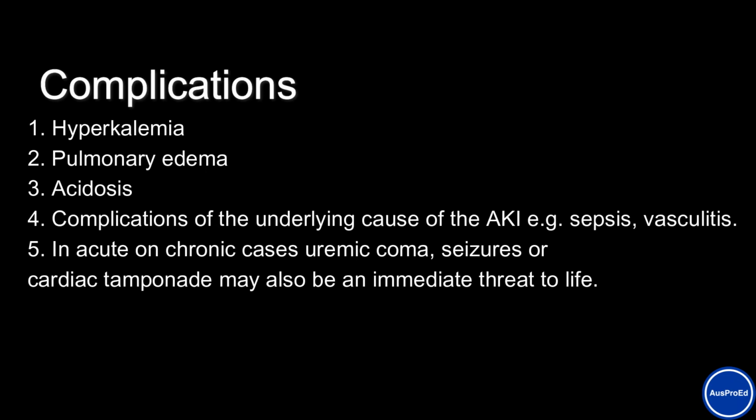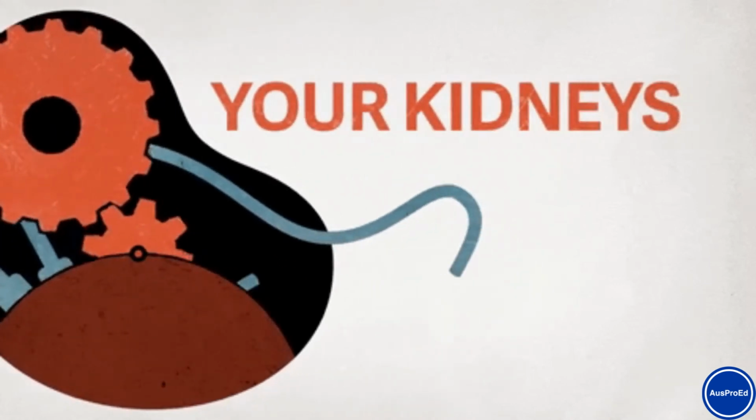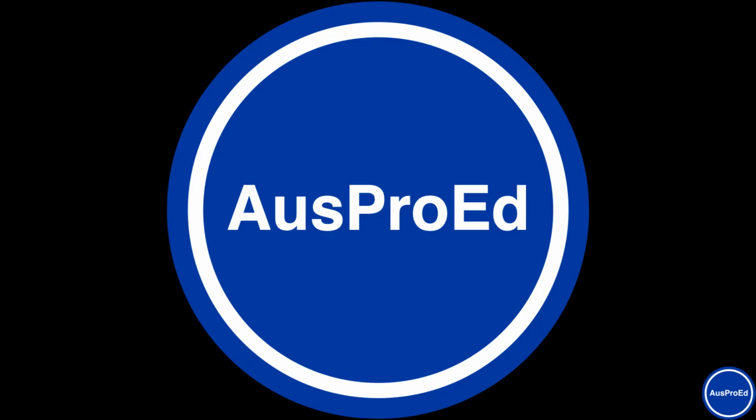When it comes to clinical assessment, it's important to get a history of volume loss, so whether the patient has a poor fluid intake. It's common to see that especially in the elderly, or if there are GIT losses.